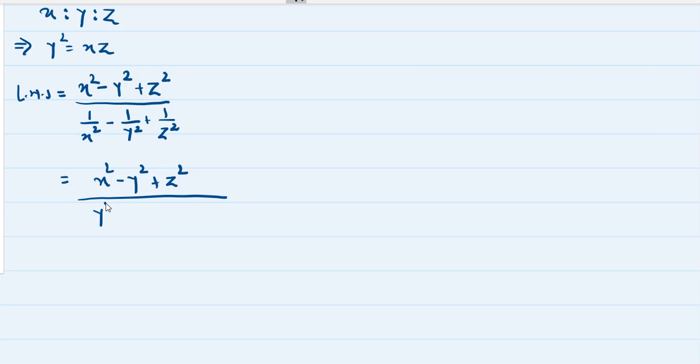So I will get y square z square minus x square z square plus x square y square, the whole upon x square y square z square.